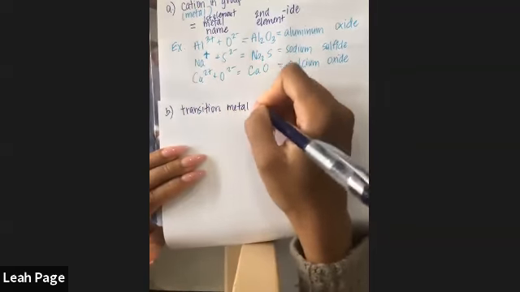So for example, if I have this type of iron ions coming together with nitrogen ions, first of all, can anyone tell me the correct formula for this?